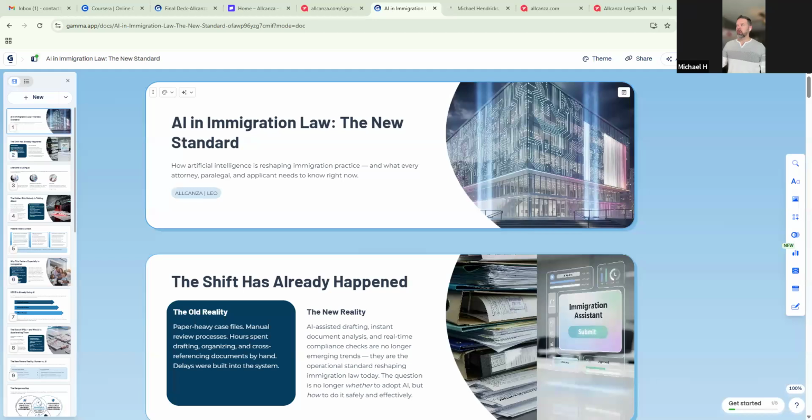But most areas of law consist of drafting, right? Most areas of law don't have a ton of extra paperwork. They're not consistent with what we do in immigration law. So let's look at how immigration law is affected and what we can do to make sure that we're using proper technology and understand how that technology works.